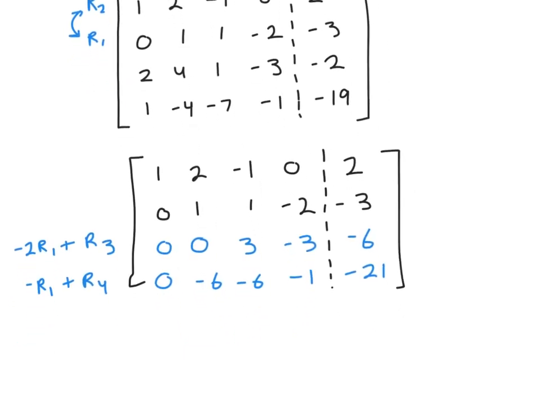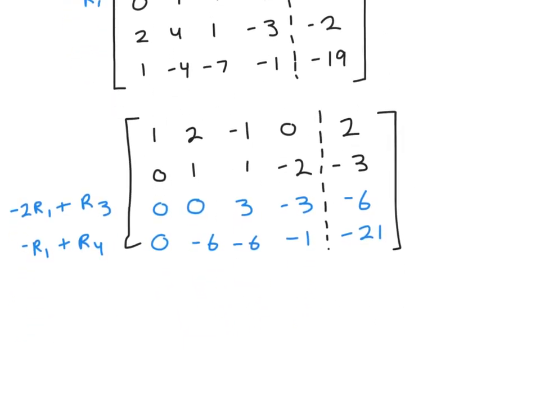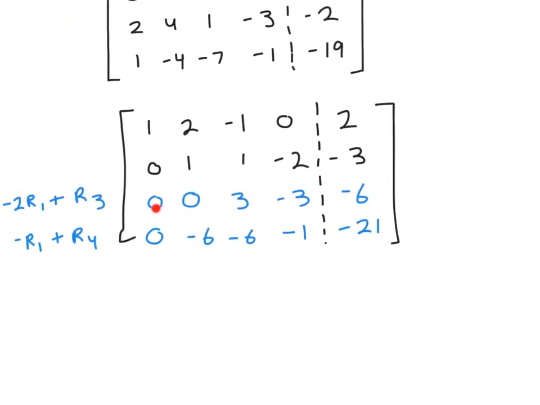Okay, that actually worked out really nicely, because not only did our first term here become a 0, but this one also did. So now I look at this and I see, okay, I'm going to need to create some zeros here, and I'm going to need to turn this into a 1. So let's start by fixing our bottom row. I want to turn this into a 0. I see that I can turn this to a 0 by adding it to 6 times row 2.